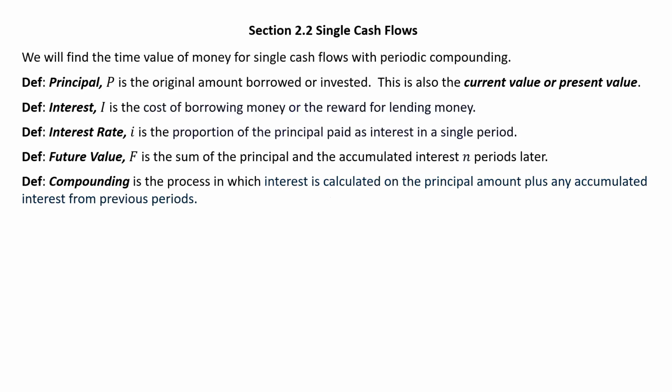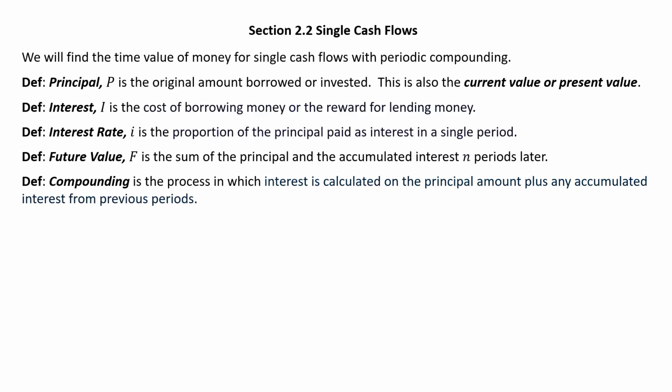Compounding is the process in which interest is calculated on the principal amount plus any accumulated interest from previous periods. This is the very, very, very key and important concept in this whole thing.